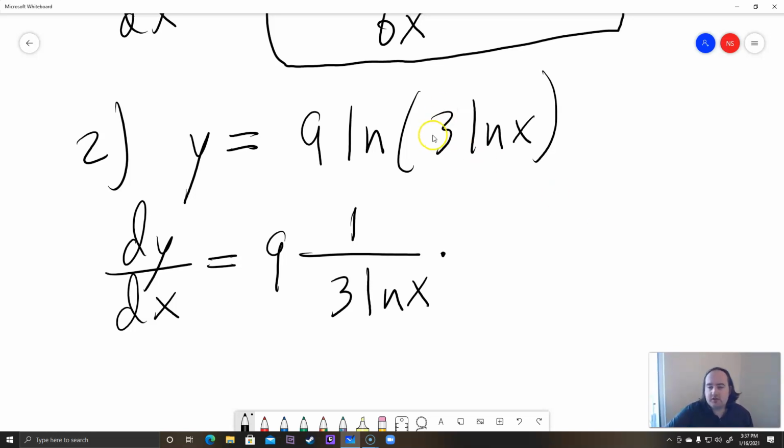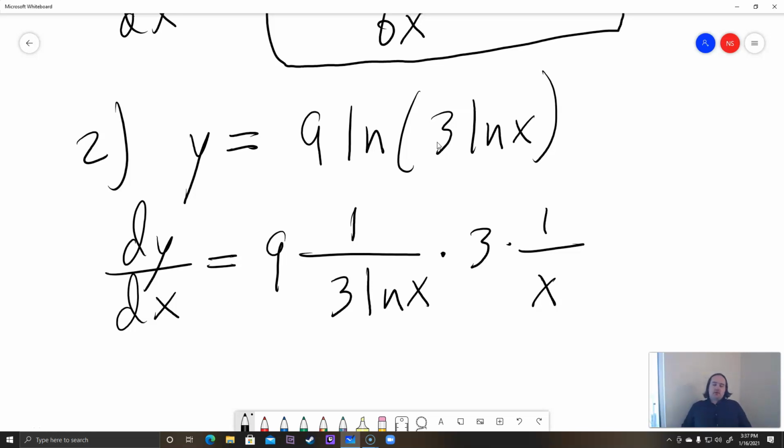So here the inner function is 3 ln of x. So what's the derivative of 3 ln of x? Well, 3 is a constant, so it just stays there. And then the derivative of ln of x is 1 over x. So we're going to have 3 times 1 over x.